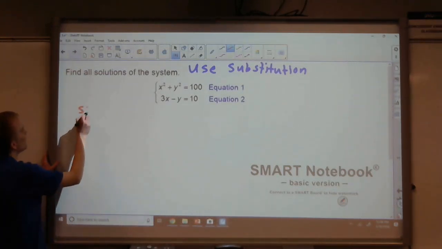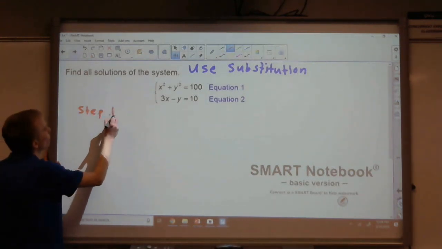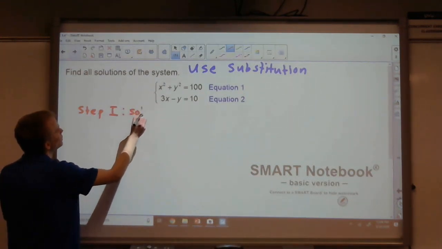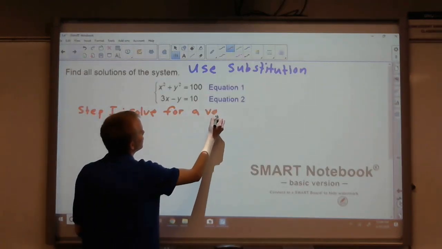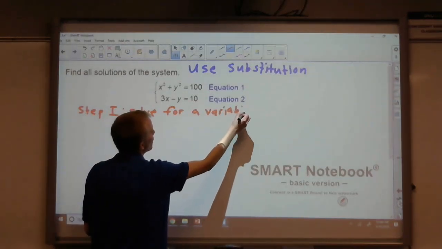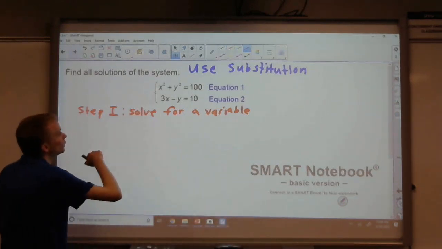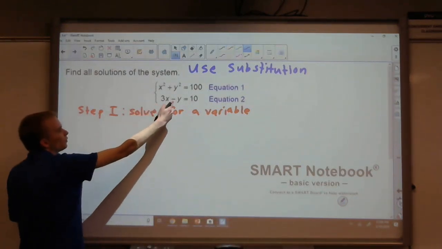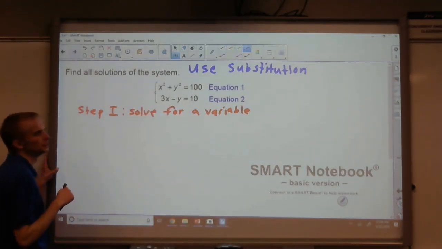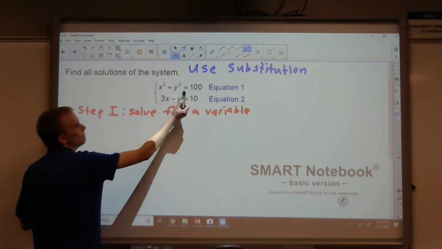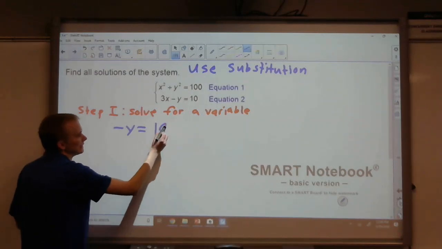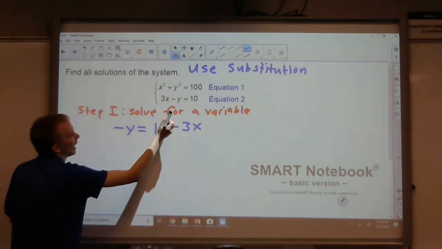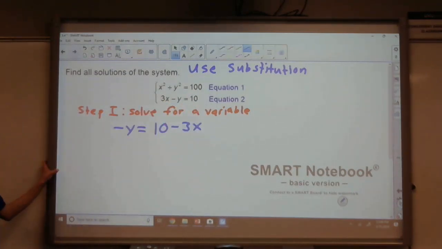So step 1. Solve for a variable, okay? So I'm going to solve for a variable in here. I'm maybe going to do y. Okay, so I'm going to minus my 3x over. I get negative y is 10 minus 3x, just subtracting over that 3x.